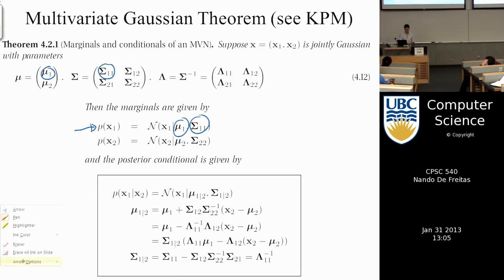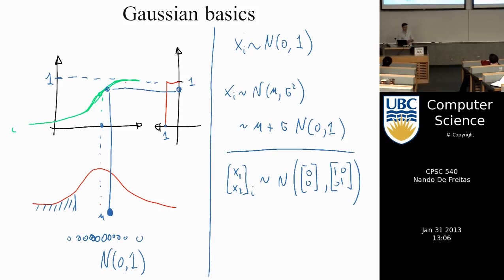And to get the marginal for the other variable, you would take mu 2 and sigma 2, 2. In other words, x1 by itself comes from a 1D Gaussian that's 0, 1, and x2 comes from a 1D Gaussian that's 0, 1. They're not correlated because the off-diagonal elements are 0.